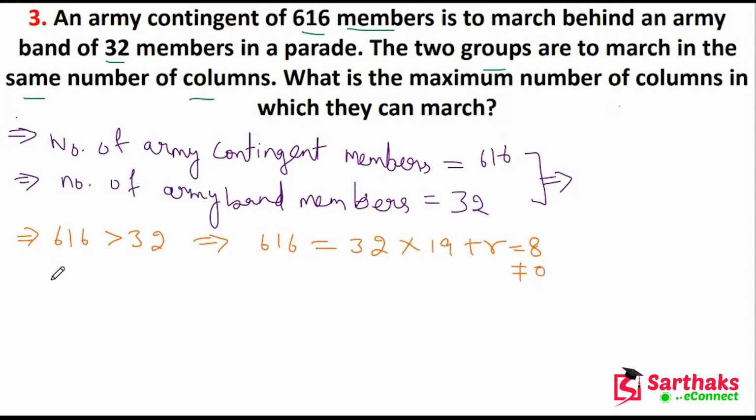So here 32 becomes the dividend and our remainder 8 becomes the divisor. Now we divide, it goes 4 times plus 0. Now r becomes 0. So the HCF of 616 and 32 is equal to 8.